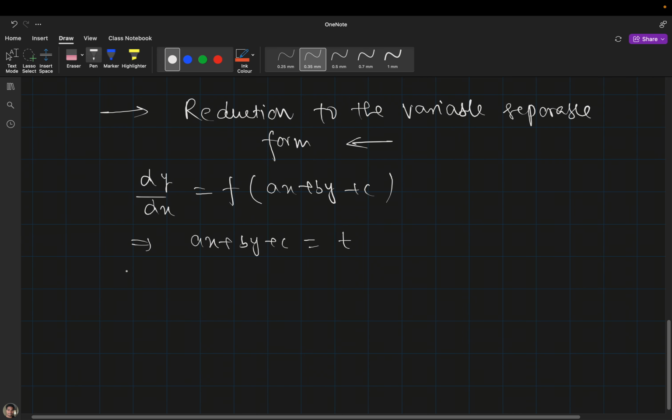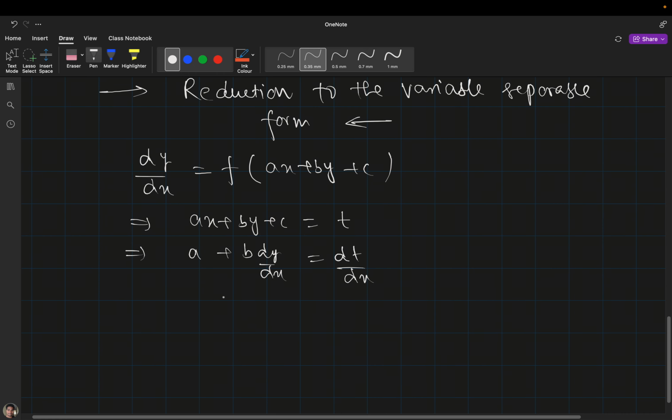Then what will happen? a plus b dy by dx equals dt by dx. So this kind of substitution you have to do when you face this kind of differential equation.